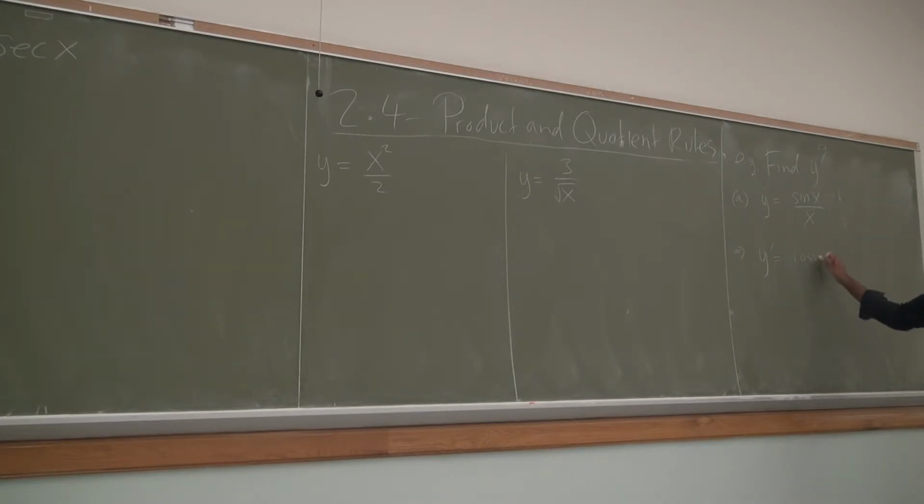This is cosine x times x, this is your f prime, this is your g. Minus 1 times sin x, sin x times 1, this is your f, this is your g prime. All over x squared, that's your g squared.